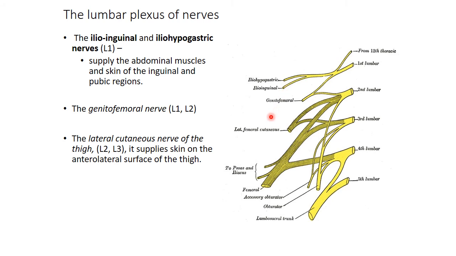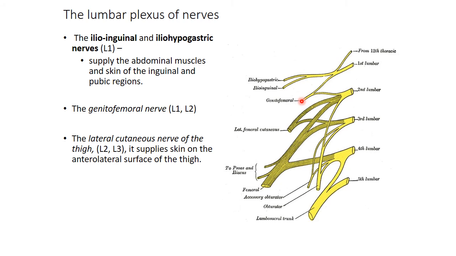Then there is a nerve called the genitofemoral nerve, getting contribution from the first lumbar and the second lumbar nerve. This nerve passes through the substance of the psoas major, and almost at the middle of the psoas major it comes onto the surface.